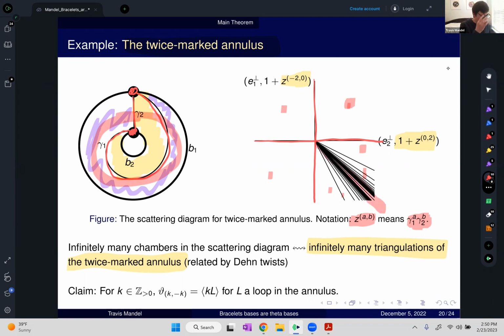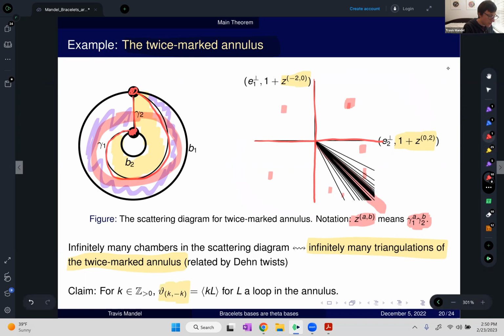It's kind of special. And then we claim that theta sub (k, negative k)... So I haven't said, theta functions are associated to lattice points in this plane where the scattering diagram lives.